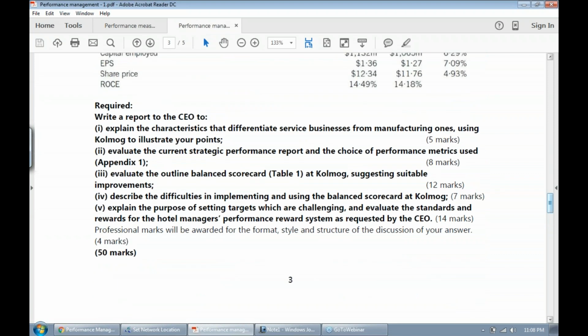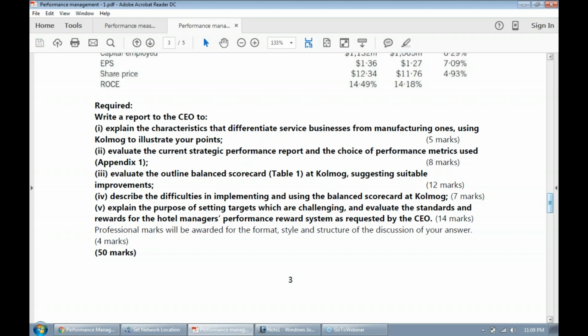Now, it says write a report to the CEO to explain the characteristics that differentiate service business from manufacturing ones, using the company to illustrate your point. This is the first point. The second thing which it says is to evaluate.